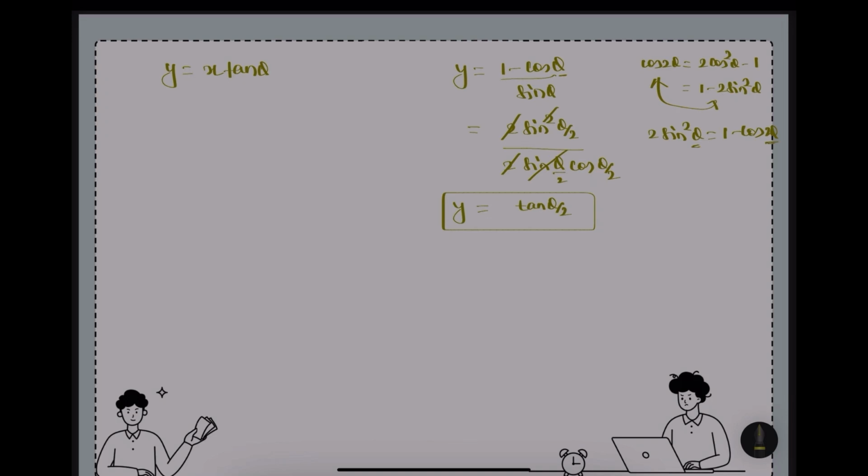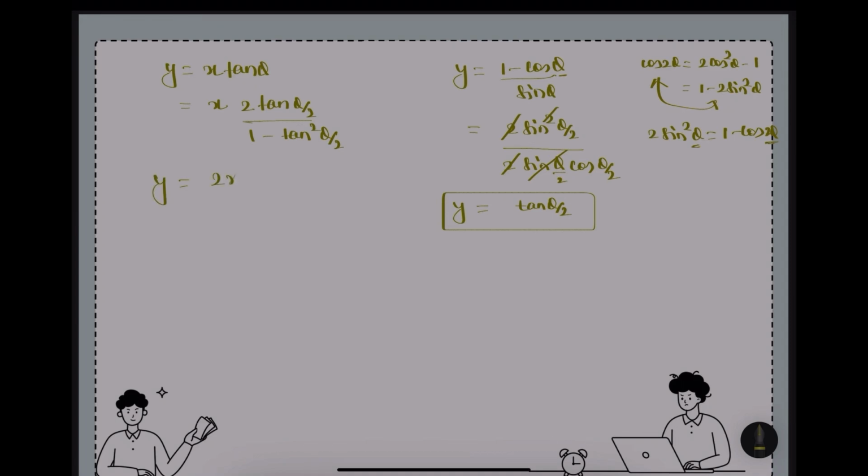So can I write this equation in terms of tan theta by 2? So can I assume this thing to be tan 2 theta? So it will become 2 tan theta by 2 upon 1 minus tan square theta by 2. Correct or wrong? Now let's update this equation.